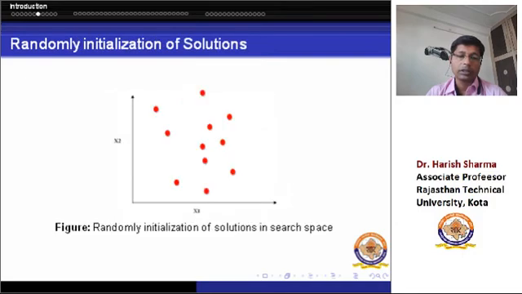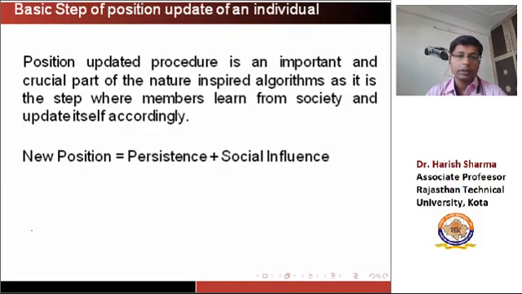This graph shows the distribution of the individuals in the search space, and the individuals move towards the global optima by using a step size. The step size is decided from the social influence, and this social influence is added to the individual's current position.